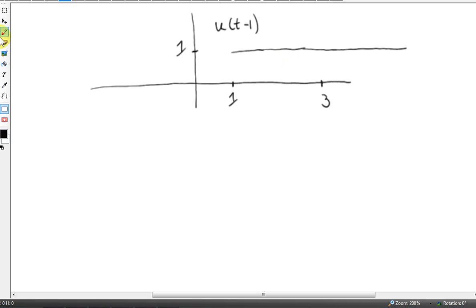Now in red I will show the graph of u of t minus 3. So the step occurs at 3. And for t greater than 3 the function is equal to 1. Now in blue I will get the difference of these functions, that is u of t minus 1 minus u of t minus 3.